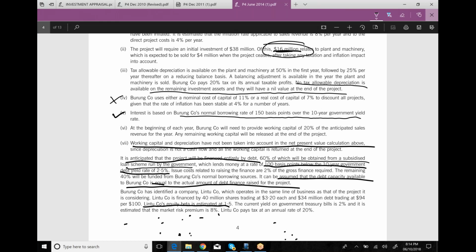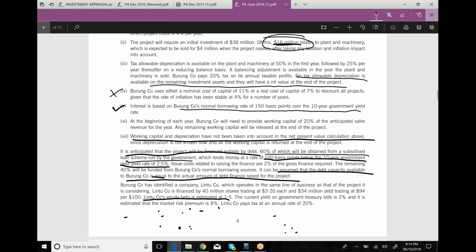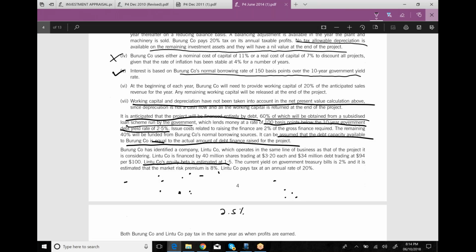The 10 years rate is 2.5, and the government will lend you the money at 100 basis points below this. 100 basis points means 1%, so minus 1%. It means they will give you the loan at 1.5% interest. They will charge you an interest of 1.5%.